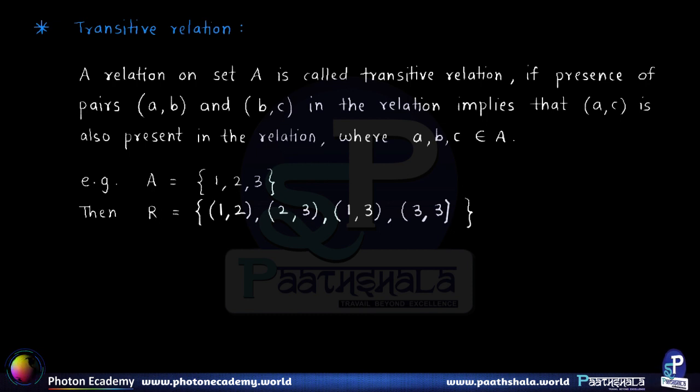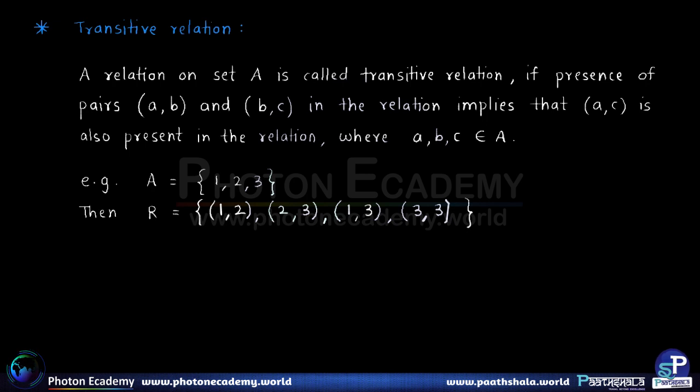Observe closely: if we have the pairs (1, 3) and (3, 3), then it forms the pair (1, 3), which is already present.